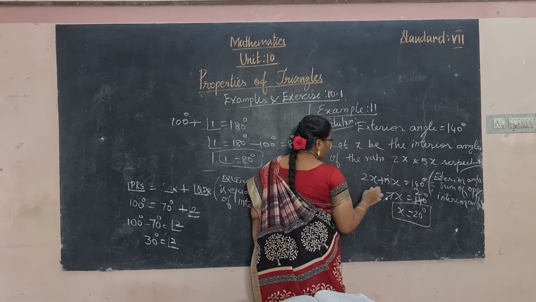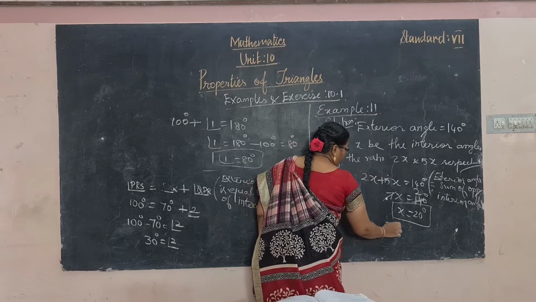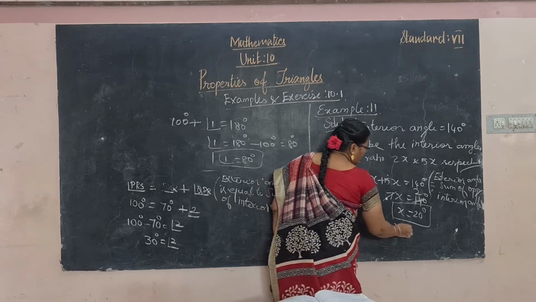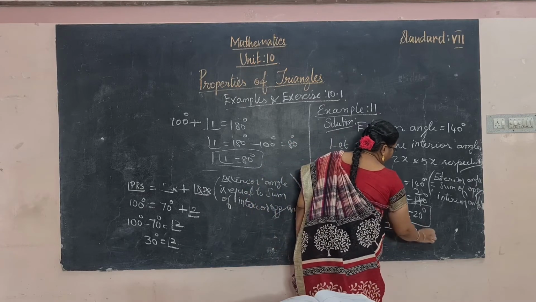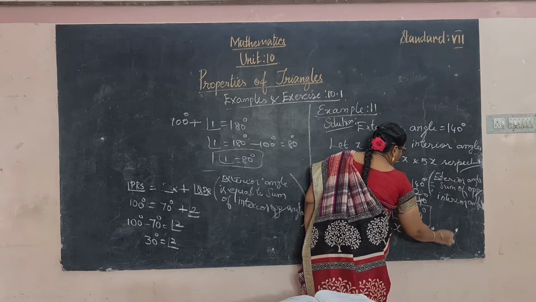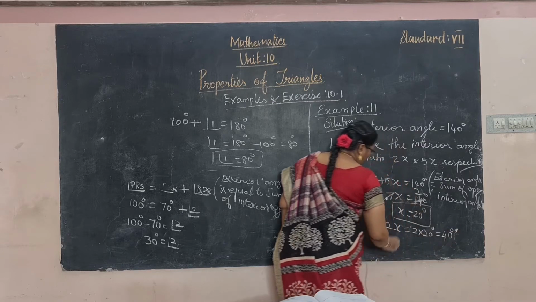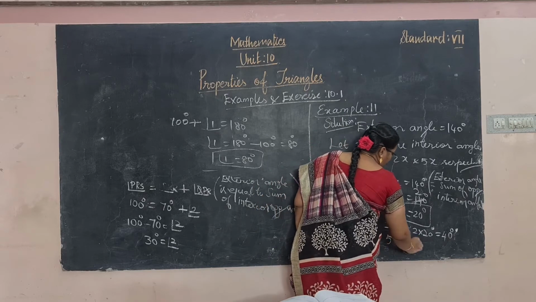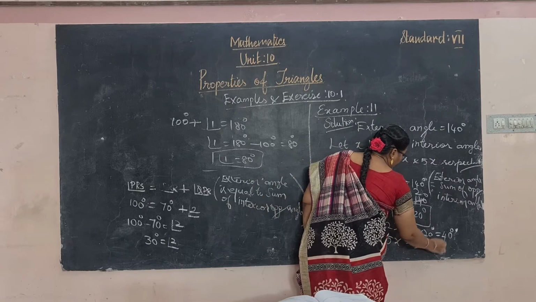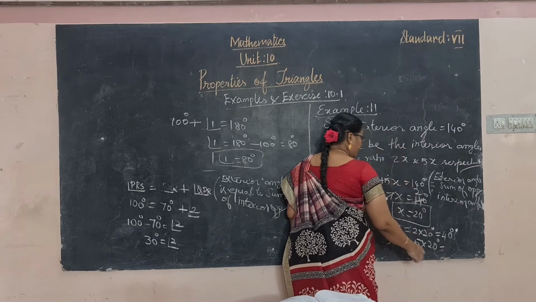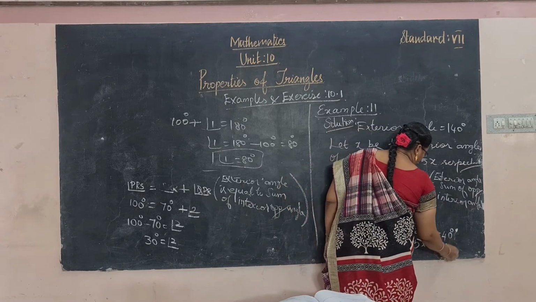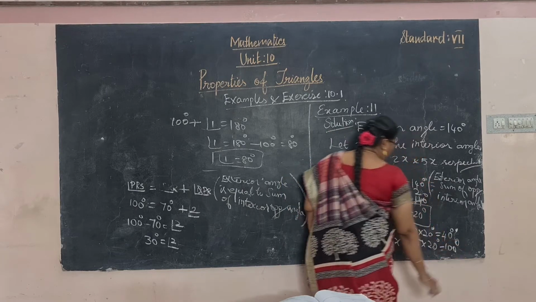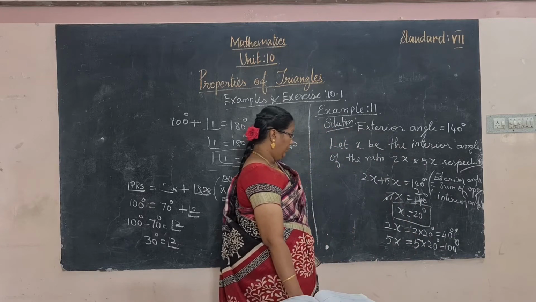Now we have to find out each angle. So the first angle is 2x. So 2x equal to 2 into 20 equal to 40 degree. And 5x is equal to 5 into 20 degree equal to 100 degree.